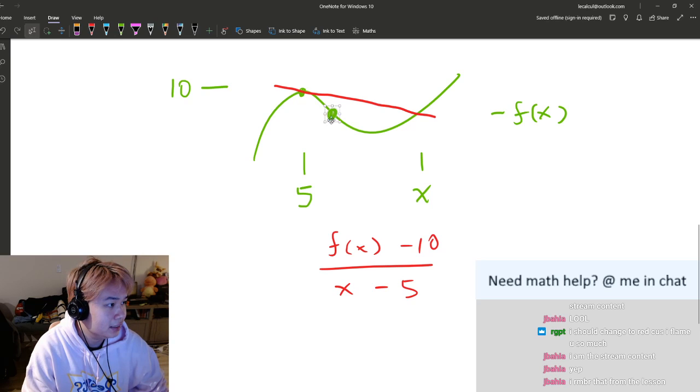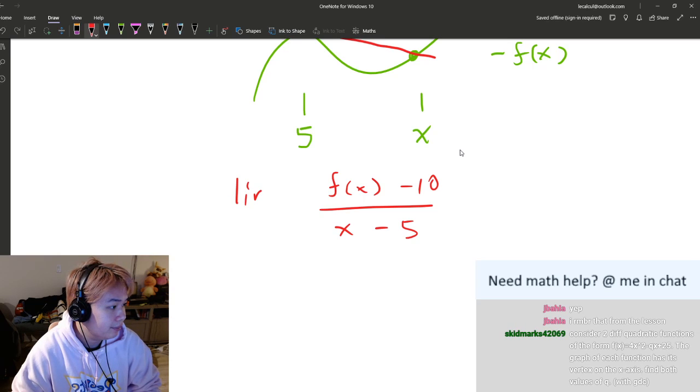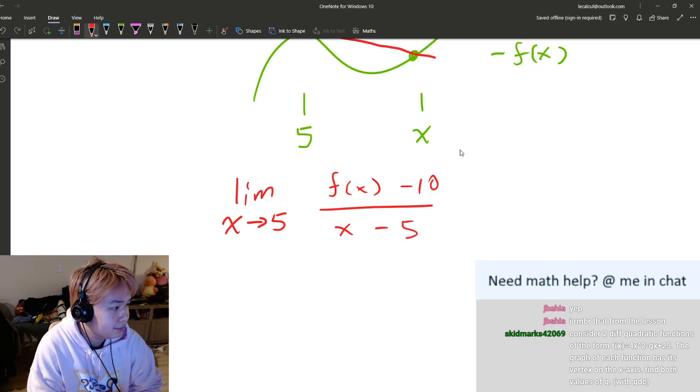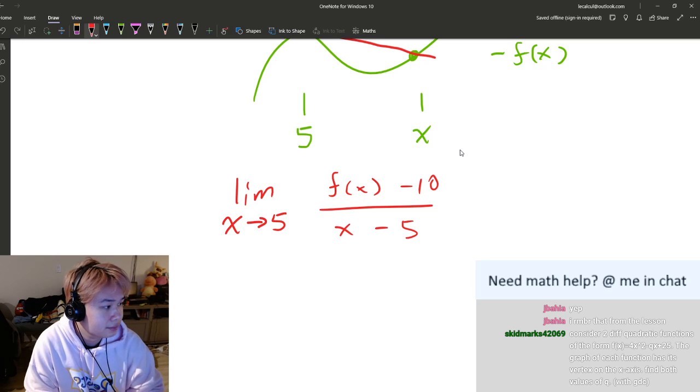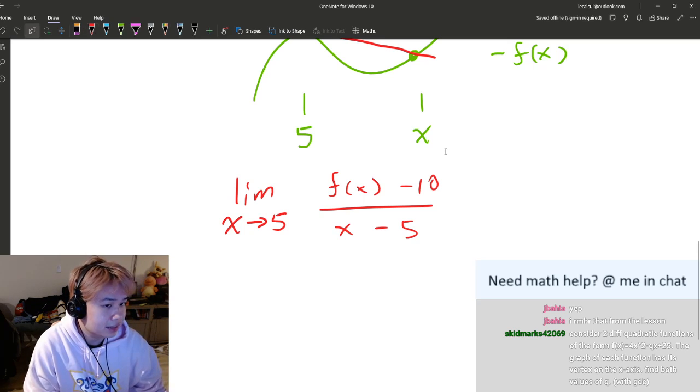So essentially, the formal definition of a tangent slope, the derivative, is you take this expression and you find the limit as x goes to 5. So essentially, this is your derivative.